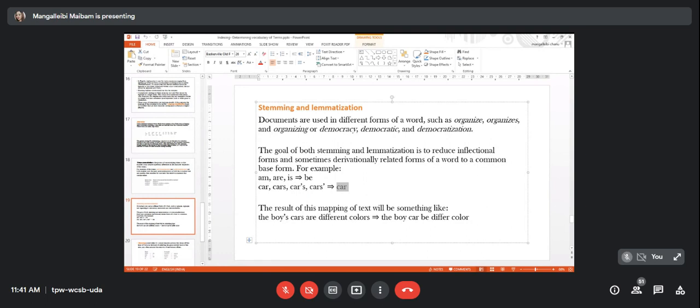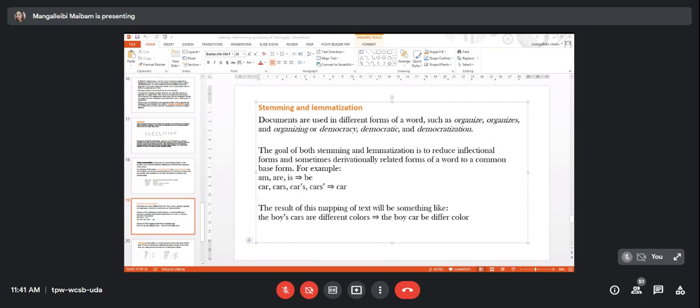So this kind of converting a particular word into the base form of the word is known as lemmatization.